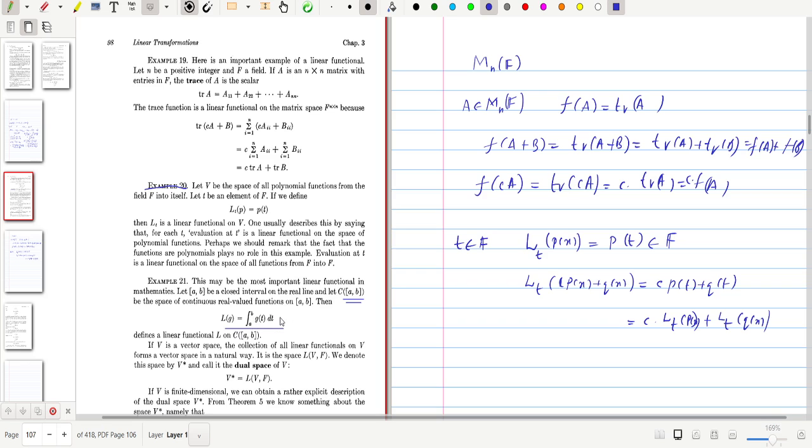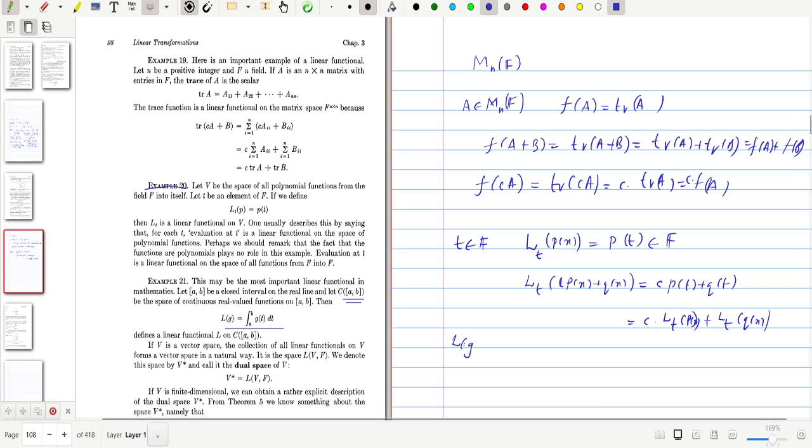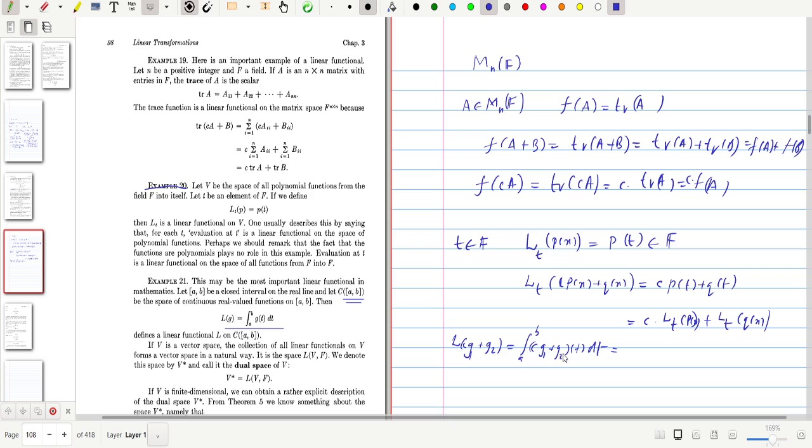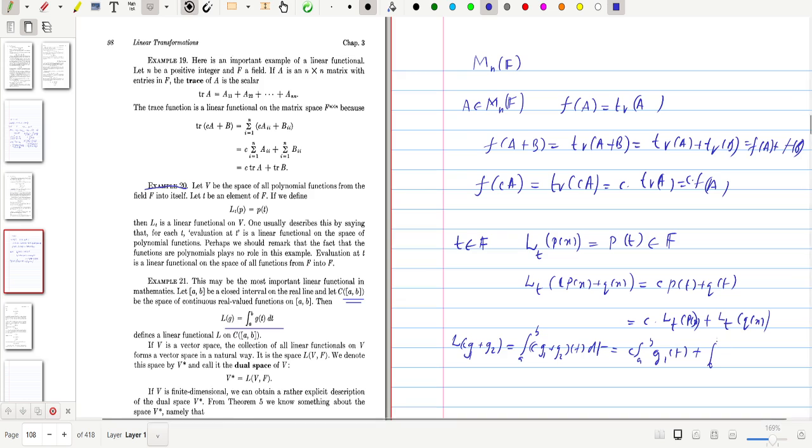So we can write L of c times g1 plus g2 as the integral from a to b of c times g1 plus g2 of t dt. The summation property holds, so this is c times the integral from a to b of g1 of t plus the integral from a to b of g2 of t with respect to t.